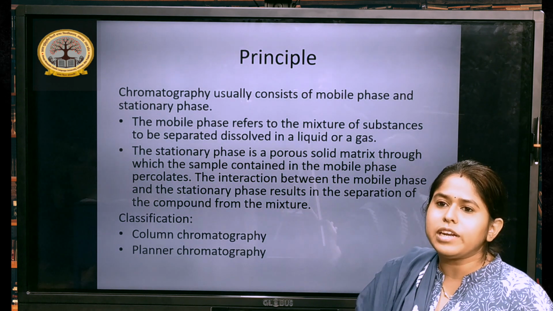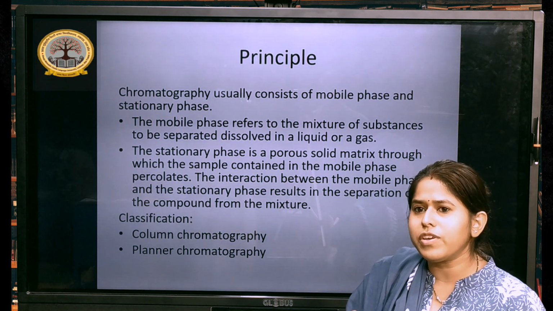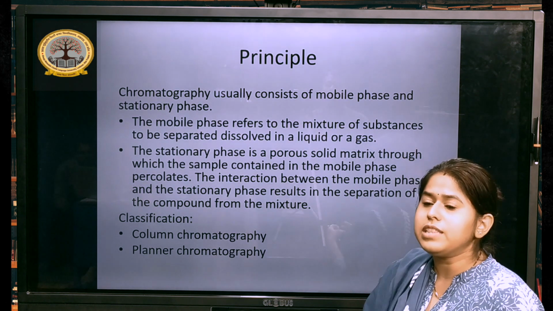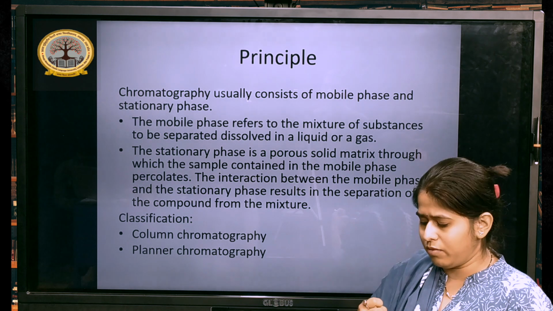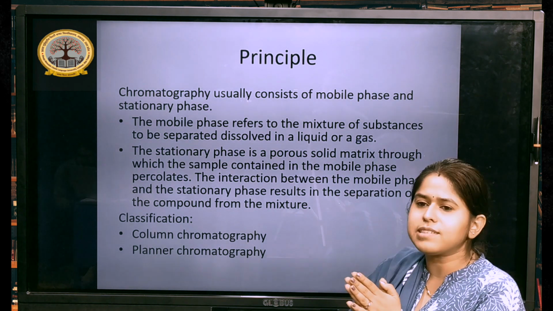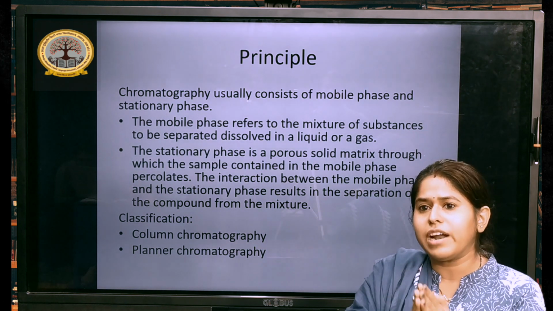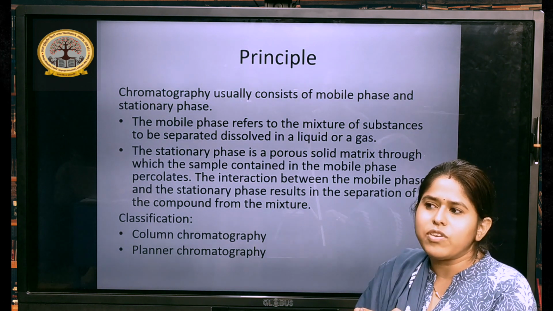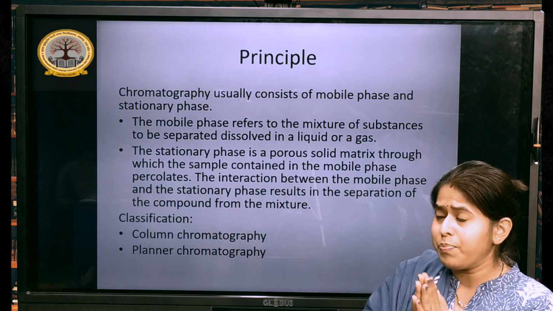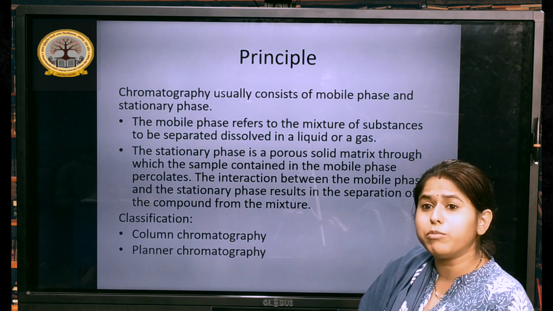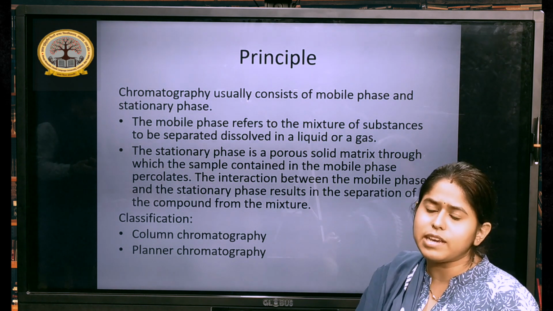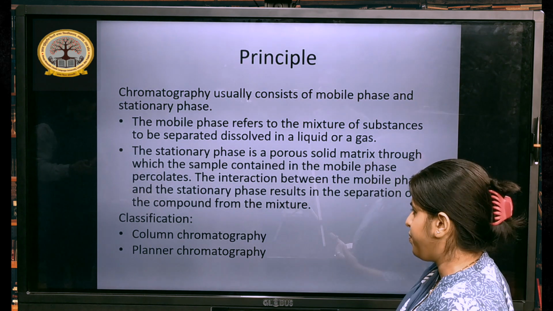Whichever phase the analyte has more affinity with, it will stay with that phase only. If the analyte has affinity with the stationary phase, it will stay with the stationary phase. If our analyte has affinity with the mobile phase, it will come out earlier from the column or on the TLC plate with the mobile phase.